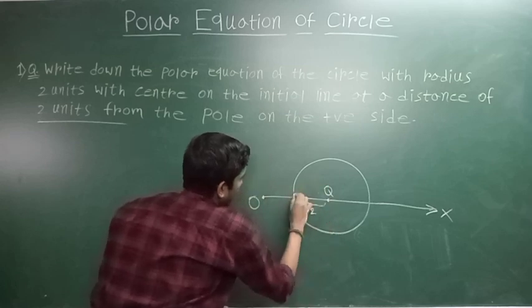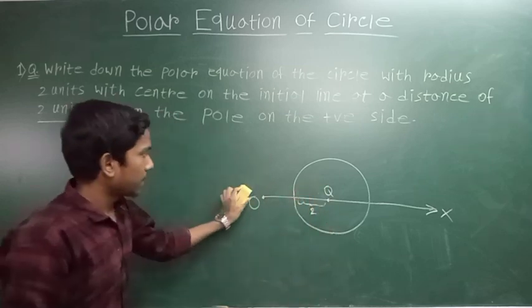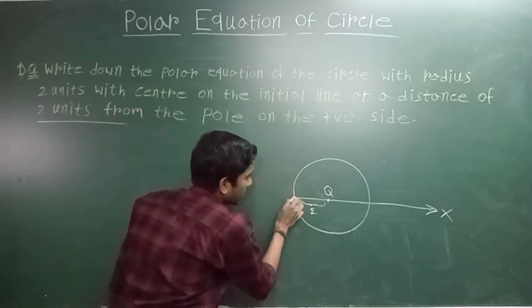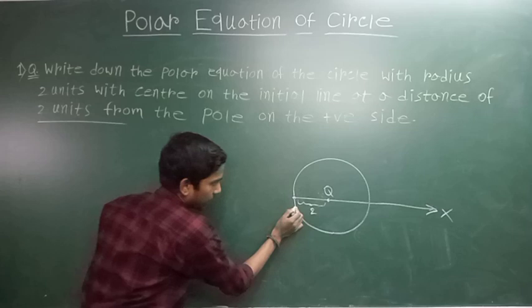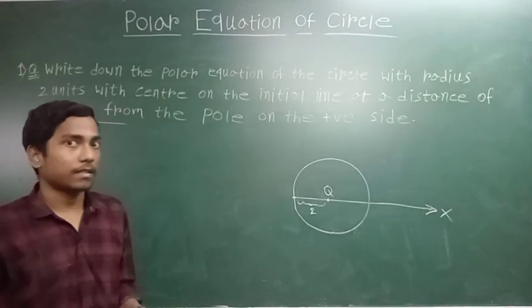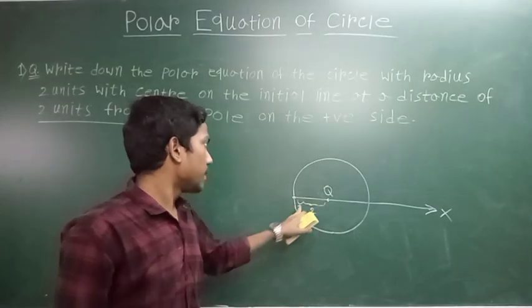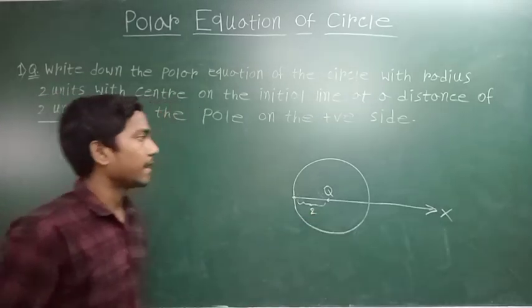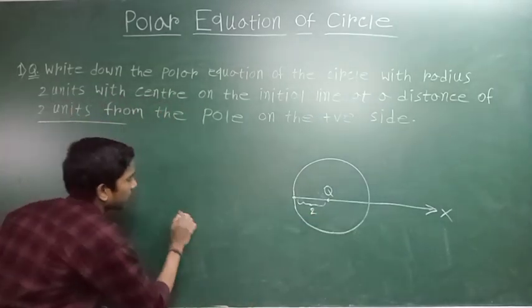So from here we can easily observe that the pole also lies on the circumference of the circle. So this is our third special case where the pole lies on the circle and the center is on the initial line. So that's the equation of the circle.